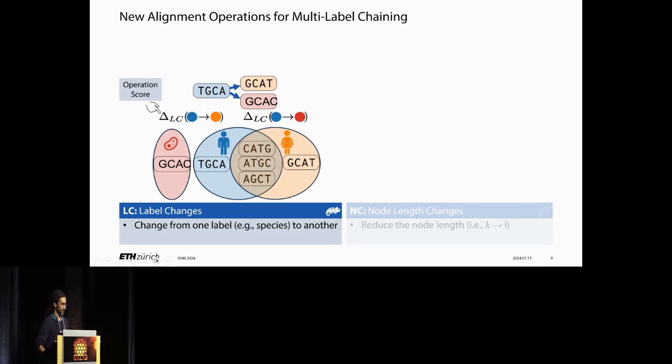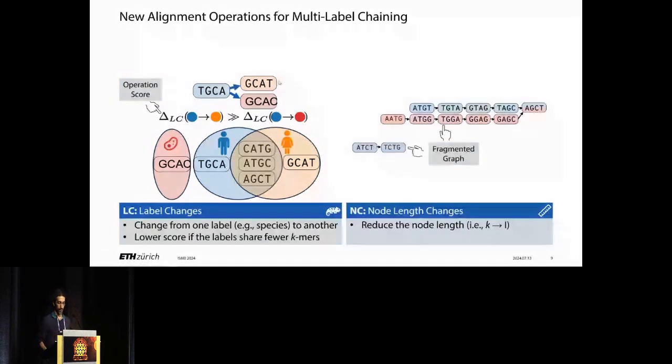And what we see here is that there's a very big overlap between the blue and the yellow, and in this case, no overlap between blue and red. So we assign a low score if these two labels share very few k-mers. So in this case, our traversal would prefer to go from blue to yellow.